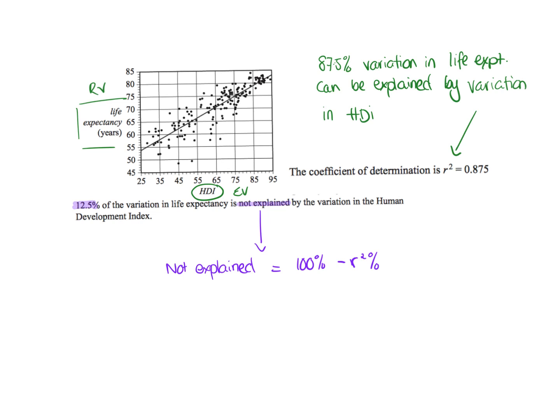But sometimes they ask you what is not explained. The R squared tells us what is explained. So the way to find what is not explained is 100% minus the R squared as a percentage. So in that example, I would have been doing 100% minus 87.5%, and this is how I get 12.5% not explained.